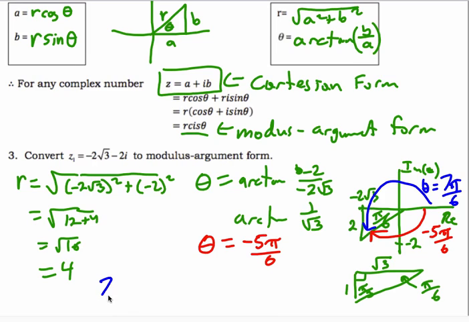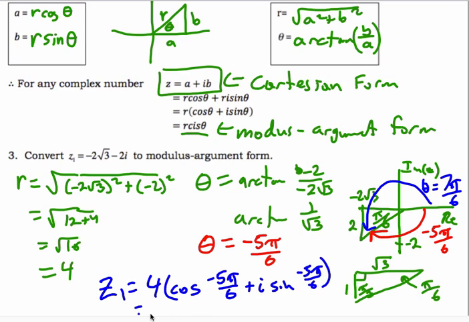We can write z1 then as 4 cosine negative 5 pi over 6 plus I sine negative 5 pi over 6. Or you can just write it as 4 cis negative 5 pi over 6. So we just converted it from Cartesian form into modulus argument form.